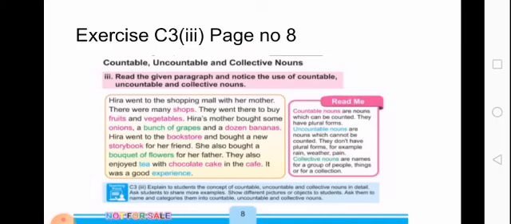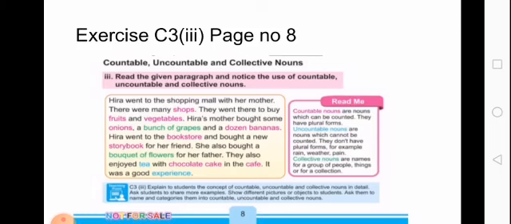Hira went to the bookstore. Bookstore is a countable noun. And bought a new storybook. Storybook, countable noun. For her friend, she also bought a bouquet of flowers. Bouquet of flowers, it is a collective noun. For her father, they also enjoyed tea.